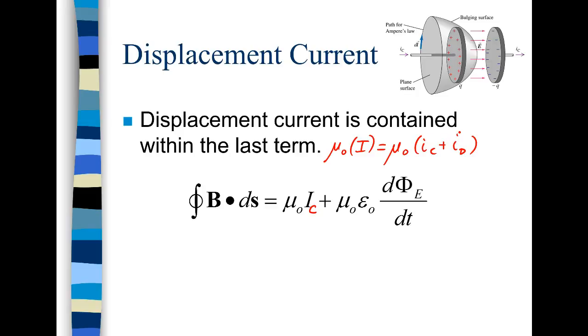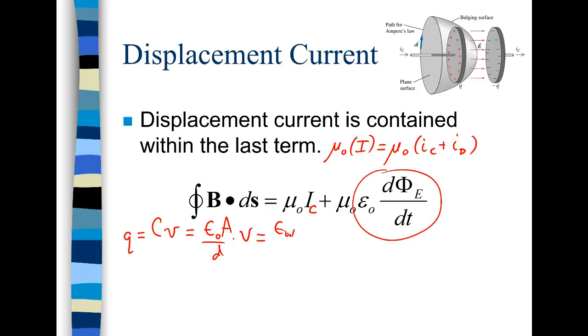So how do we get this expression here, epsilon naught d phi dt? Well, just remember that the charge on a capacitor Q is equal to CV. That's a V for voltage, but it's changing. And a parallel plate capacitor is epsilon naught A over d times the voltage. And also on a parallel plate capacitor, the voltage is the electric field times the distance that we travel.